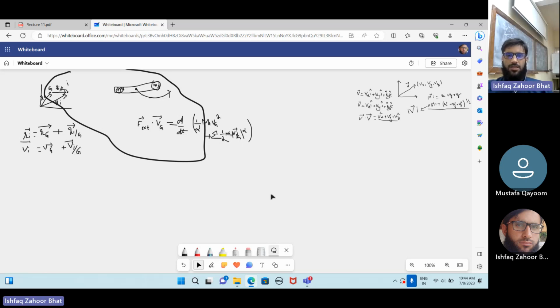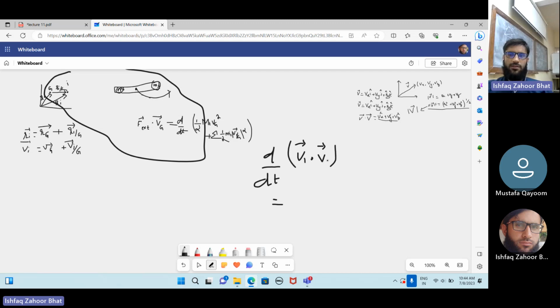Okay. So if we have a vector v dot, we have another vector v, and we want to differentiate it. So what do we apply? Okay, let me generalize it.